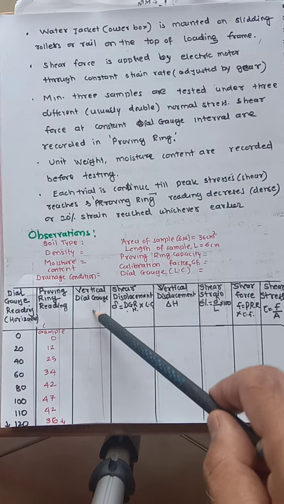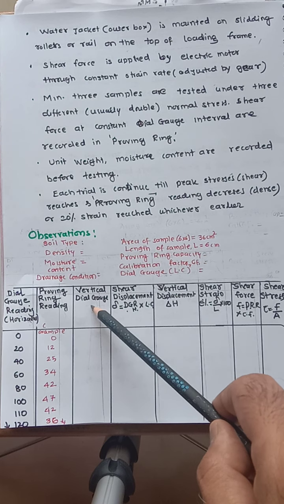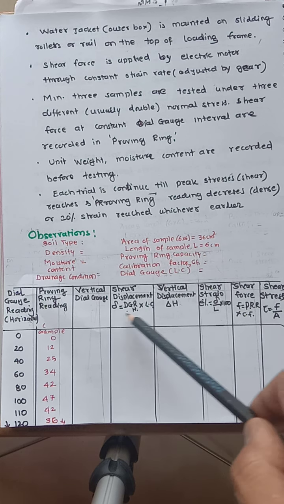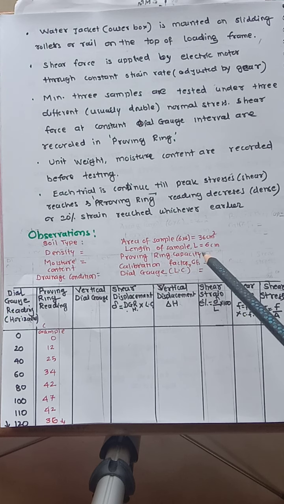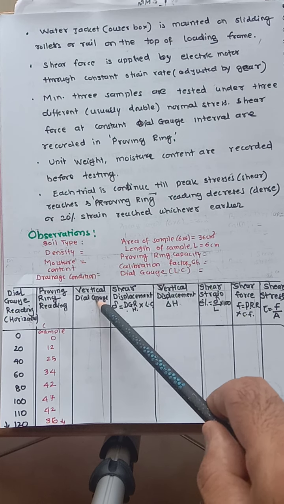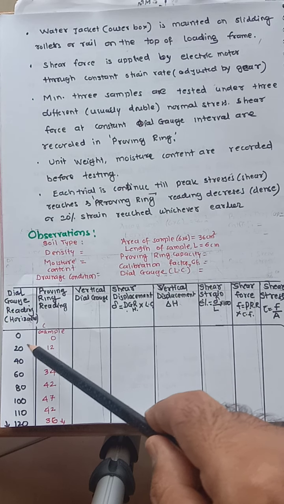Vertical delta H is obtained from the vertical dial gauge reading times its least count. Then shear strain is obtained by the displacement divided by the length of the sample, times 100. The length of the sample in the direction of displacement is 6 cm or 60 mm.